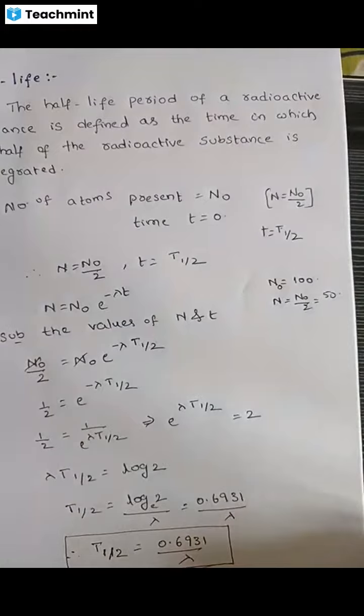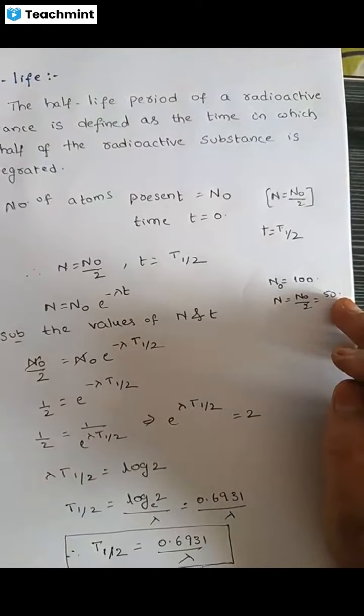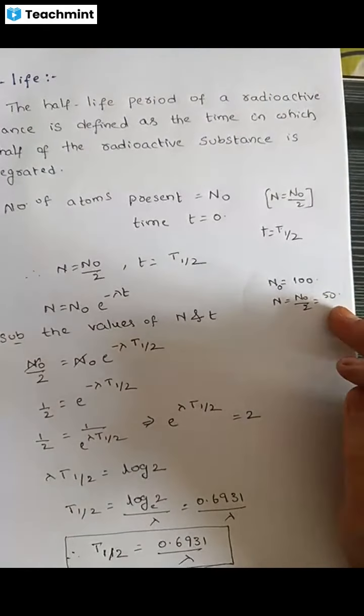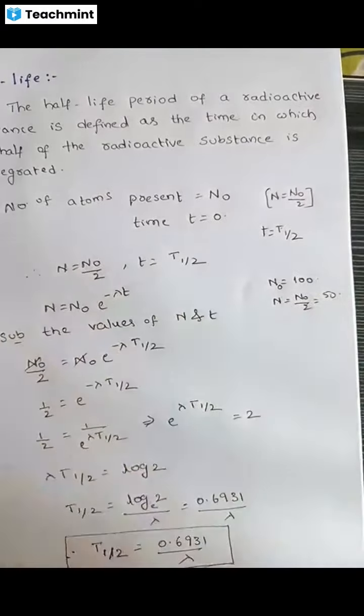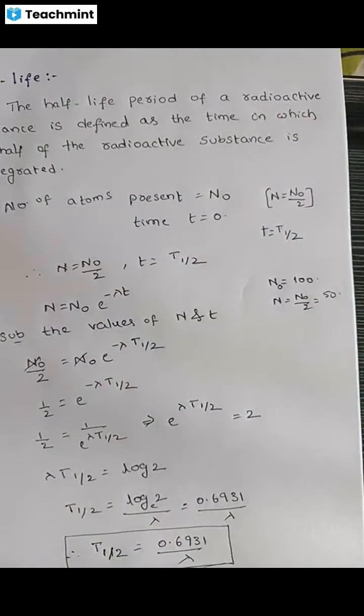After some more time, we'll get this as 25, then 12.5. Like this, if the number of atoms is 100, the time taken to disintegrate half of its quantity, that is the time taken to disintegrate 50 atoms, we call that a half-life.